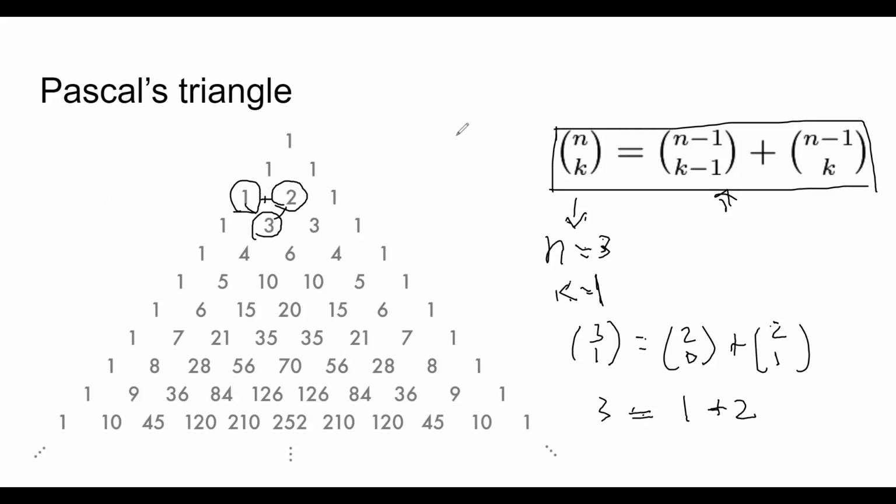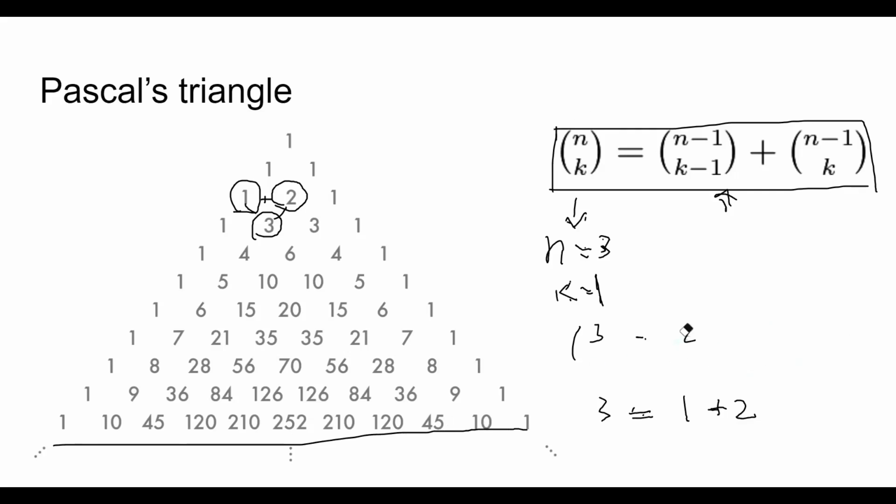The observation that this holds for everything in this triangle is in itself not enough to completely justify that this is true. But you just know that you can use algebra. It's pretty simple actually to show this is always true.